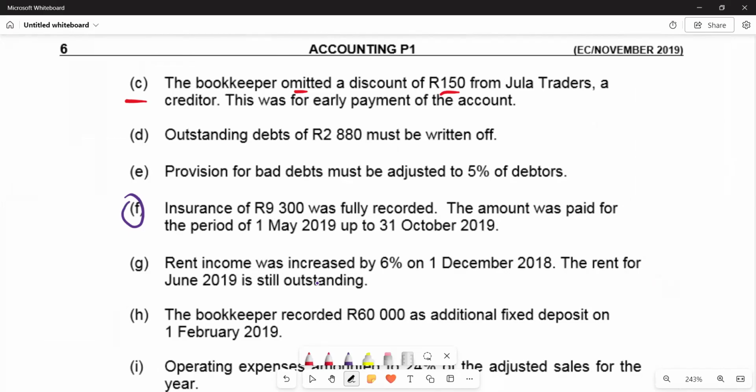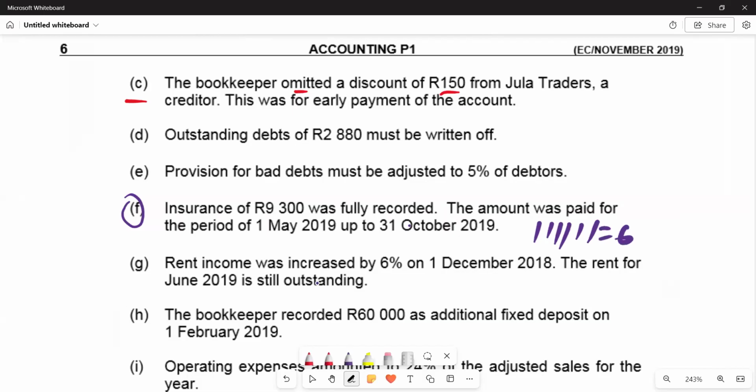So let's try to count the number of months that this insurance is covering. It's covering the whole of May, June, July, August, September, October. That's end of October, that's when it's ending. So you've got 1, 2, 3, 4, 5, 6 months. But our year is ending in June.